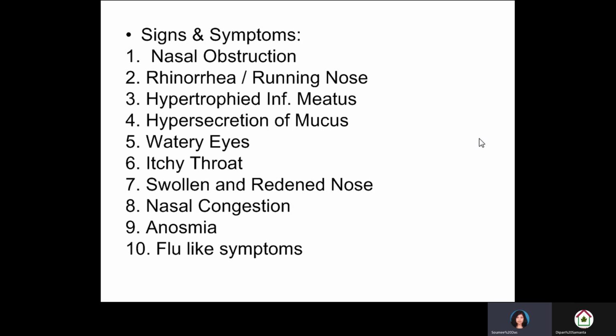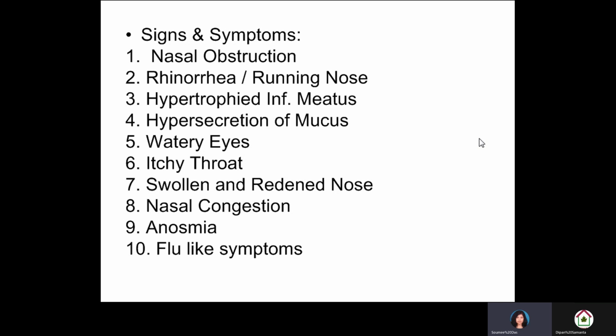Okay, next is swollen and reddened nose. So since there is inflammation, there would be swelling and there would be redness. Nasal congestion, anosmia. Since there is hypersecretion of mucus and the obstruction of the nasal pathway, that is why there would be compromised olfaction or compromised sense of smelling. So that is called anosmia.